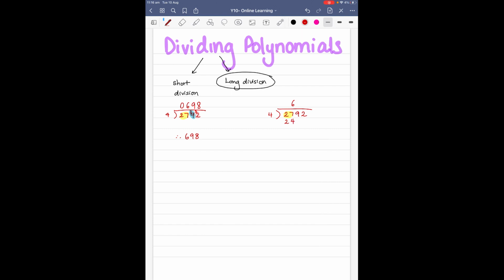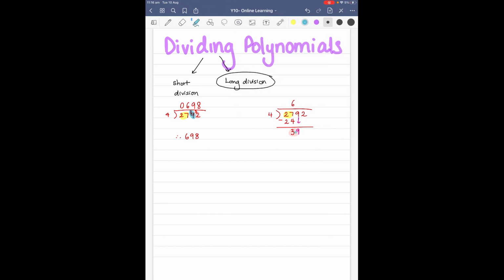To find your remainder, you subtract it. 27 minus 24 is 3. Now see how we would write the 3 up here. This time you would drop down this 9, and your number now becomes 39, which is the same thing here.